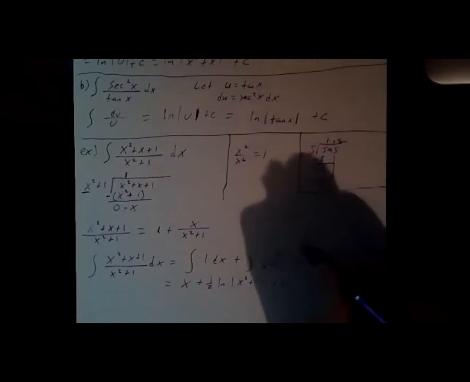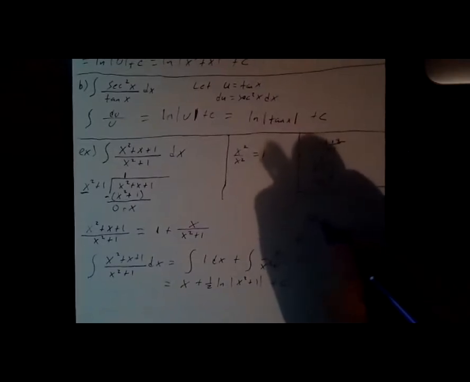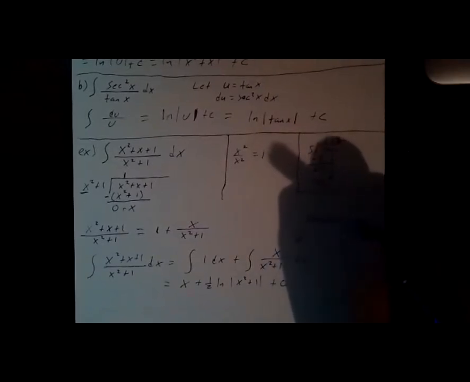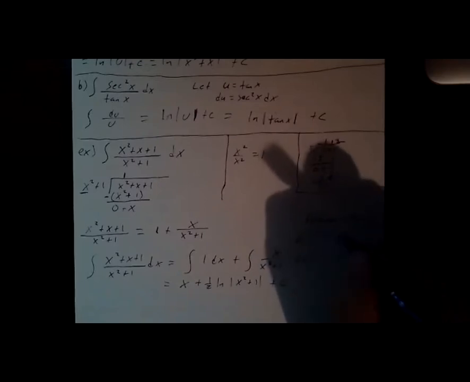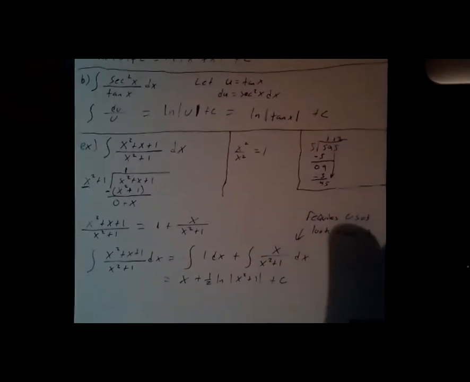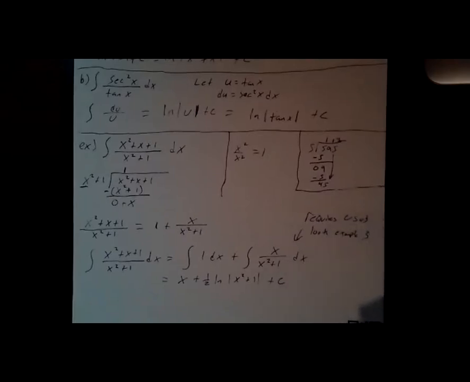Technically, just write a note that it requires u sub. Look at example 3. It's the exact same problem for that little piece. Are there any questions on this example?